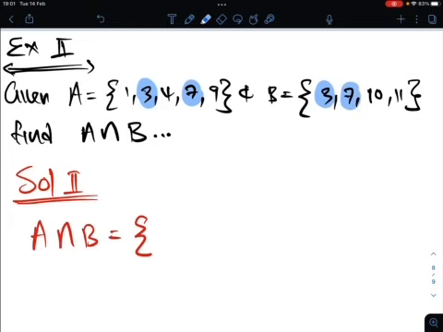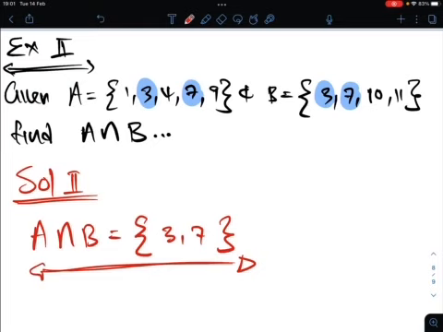And we don't see anything other than 3 and 7 shared between the sets, which means the intersection is just {3, 7} in this case. So this is what we call the intersection operator, which asks what things are common between the two sets.